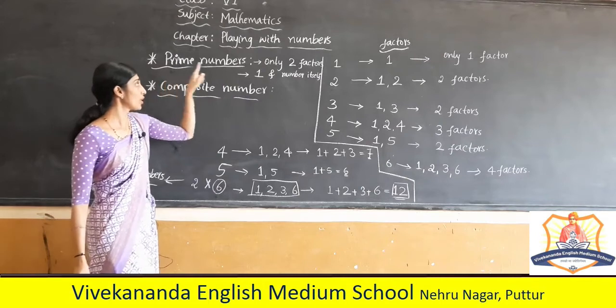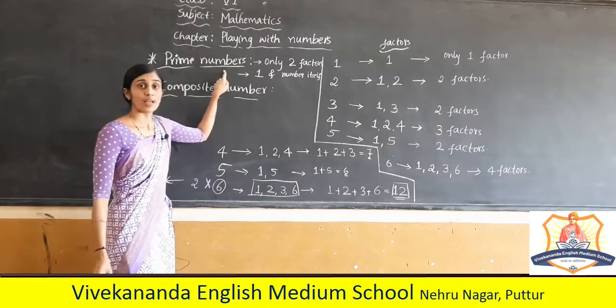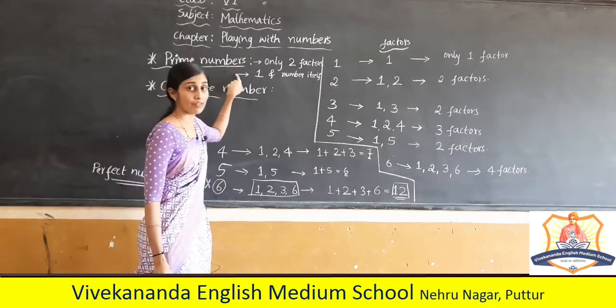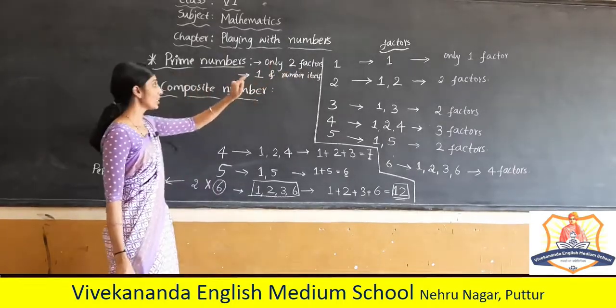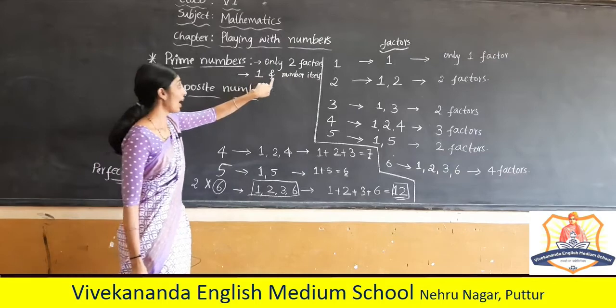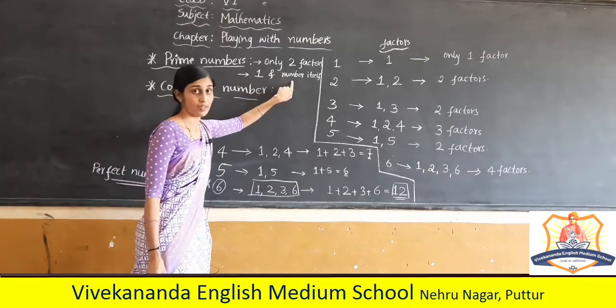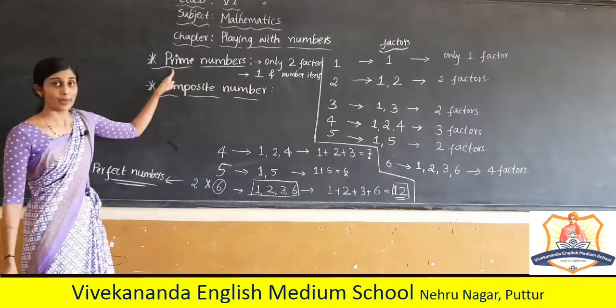Understood? So what are prime numbers? The numbers which have only 2 factors. Those factors are 1 and the number itself. They are called prime numbers.